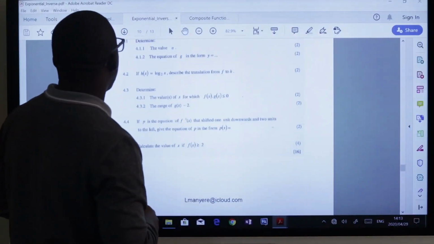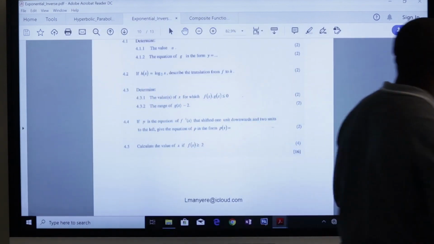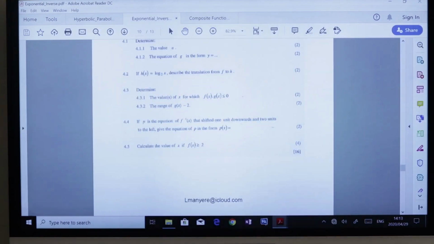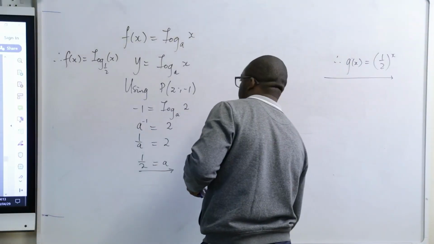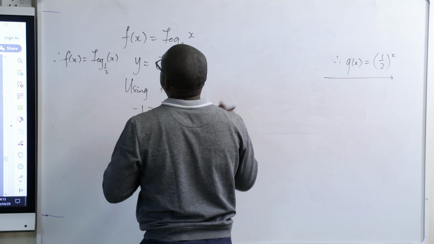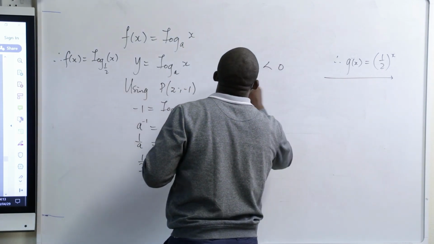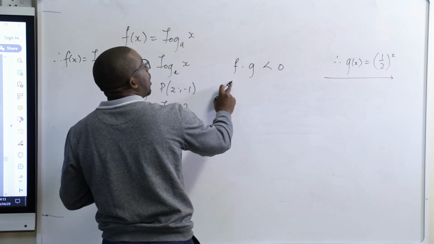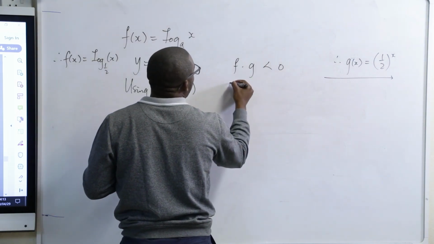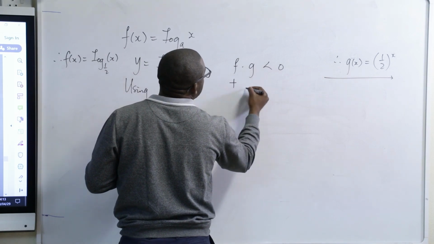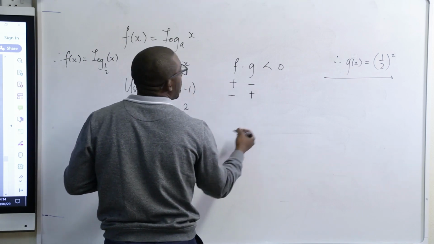Determine the values for which f dot g is less than 0. This is a product. The only way you can get a product being negative is if one was positive and one was negative, or negative and positive.